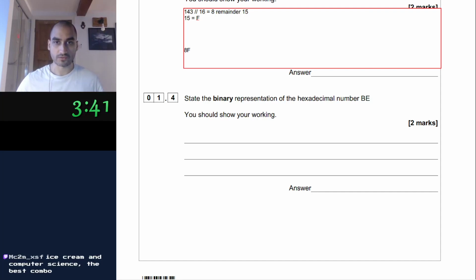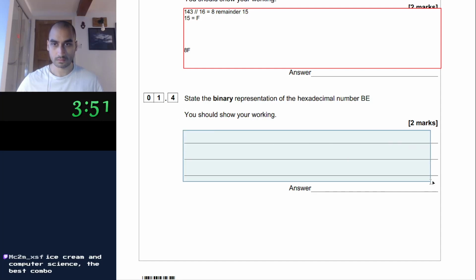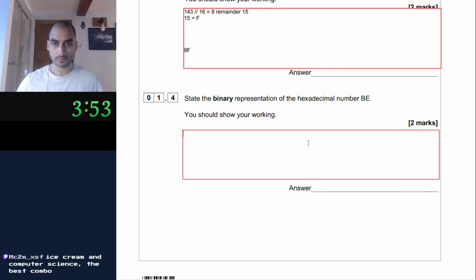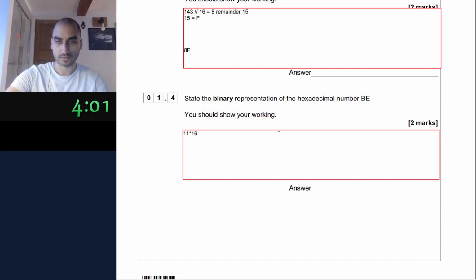State the binary representation of the hexadecimal number BE. Okay, so B is 11. Okay, let's convert it to decimal because it's easier for me to think.